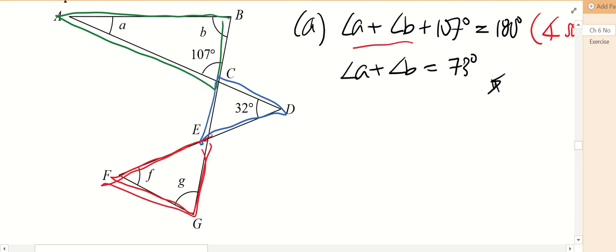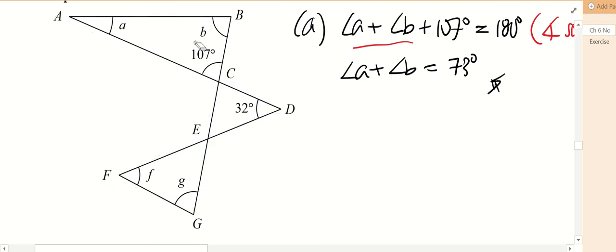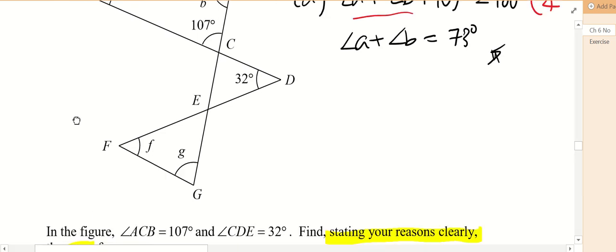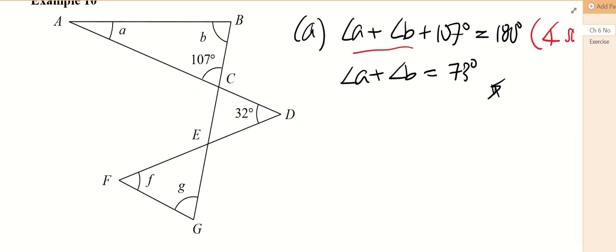In order to find out the sum of F and G, we should be doing the same thing as part A. We know that angle F plus angle G plus this angle here, FEG, add up to 180. But we don't know what FEG is. So, is that the end? Game over? Not really.